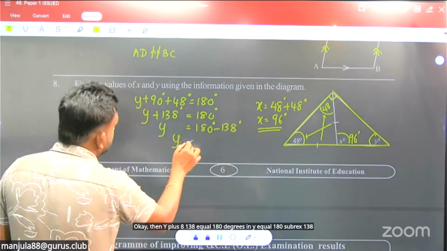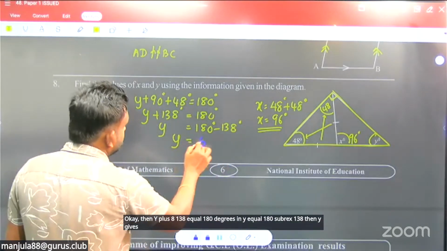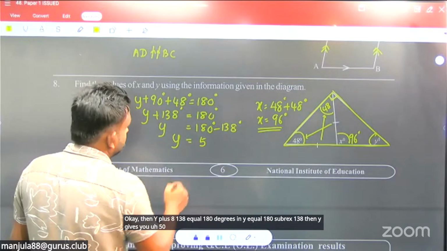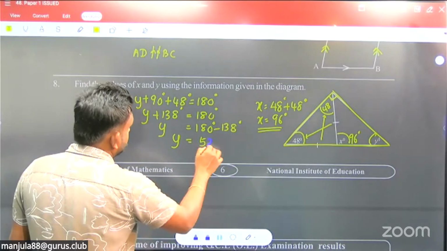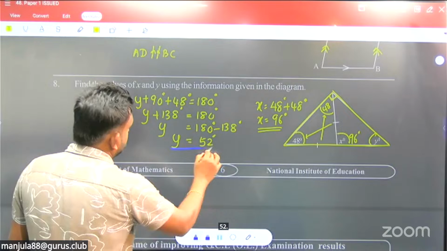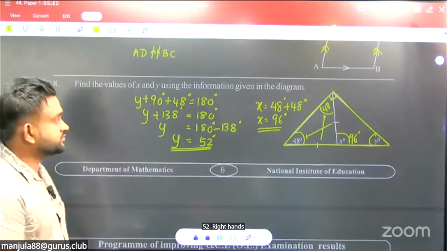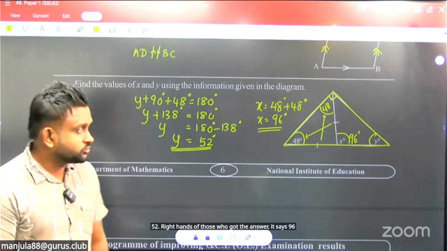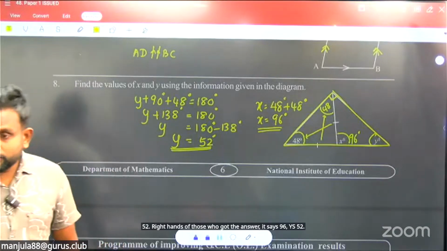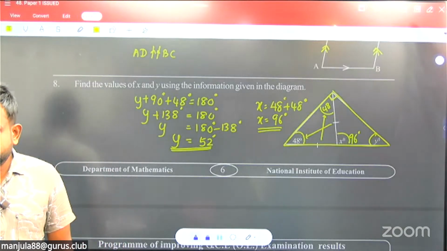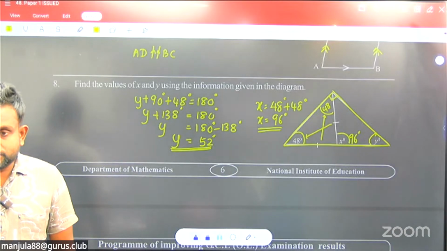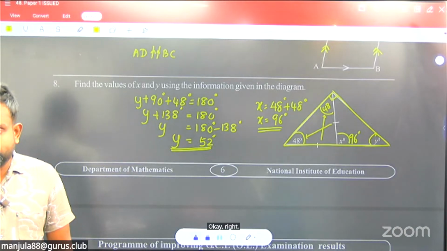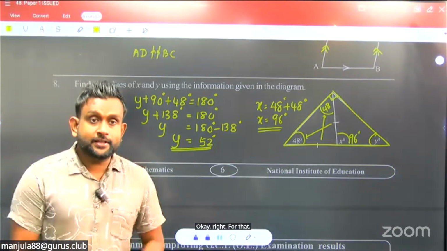Then y gives you 52. Hands up those who got the answer: x as 96, y as 52. Okay, right. Well done. These are the answers for that one.